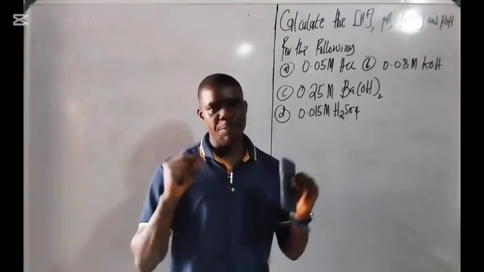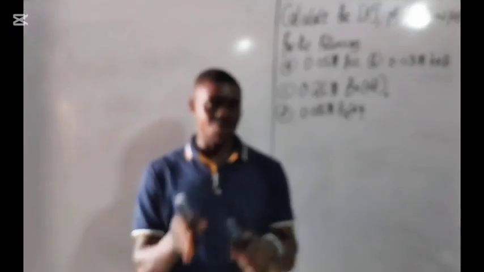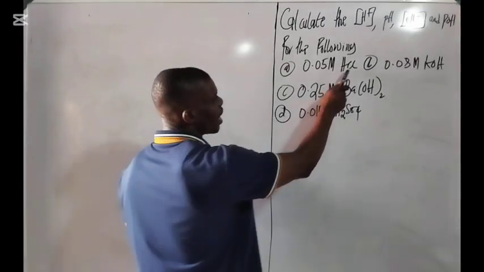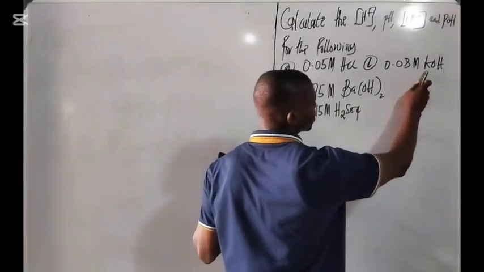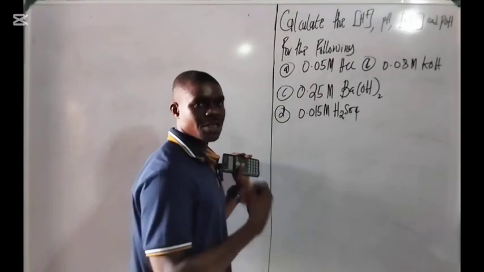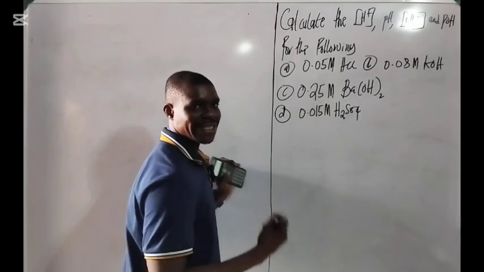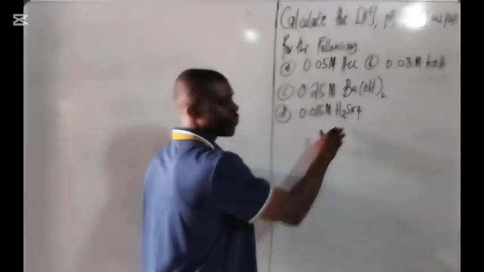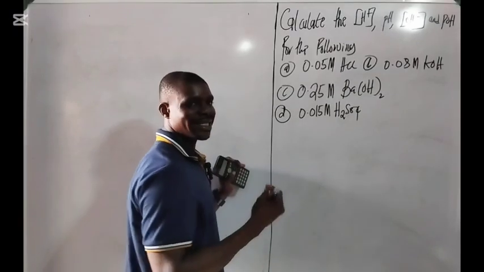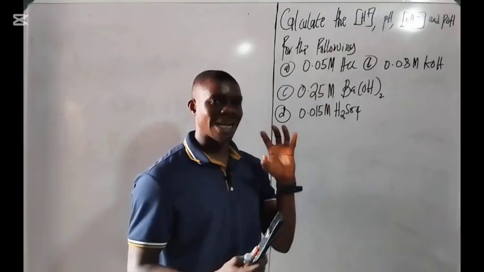So in this video, our main focus is going to be on strong acids and strong bases, because hydrochloric acid is a strong acid, potassium hydroxide is a strong base, barium hydroxide is a strong base, and H2SO4, which we call sulfuric acid, is a strong acid, right? I'm going to show you step by step how you can solve this.